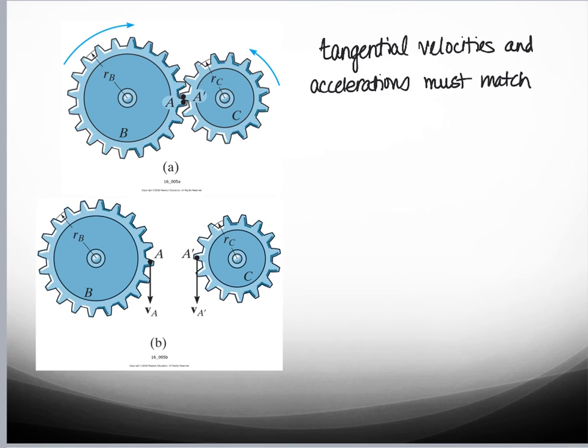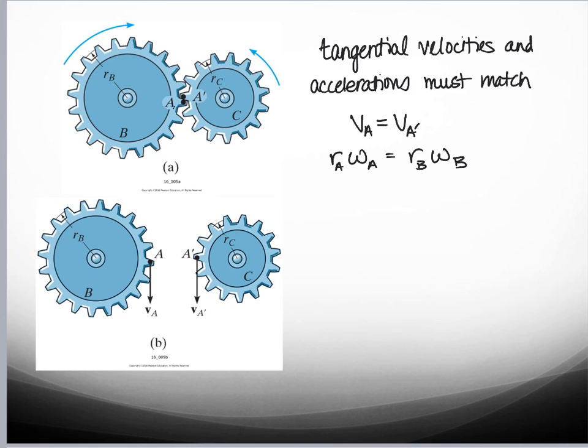And so, for instance, here we have 2 points. A is on gear B, A prime is on gear C. So the velocity of A has to be equal to the velocity of A prime. The velocity of A is going to be the radius of B times its angular velocity, and the velocity of A prime is going to be the radius of C times its angular velocity.